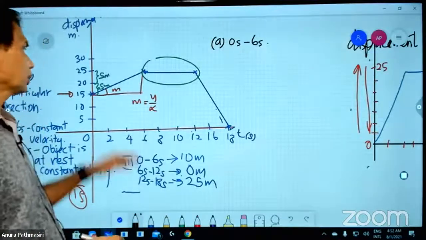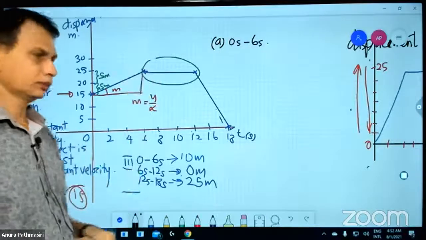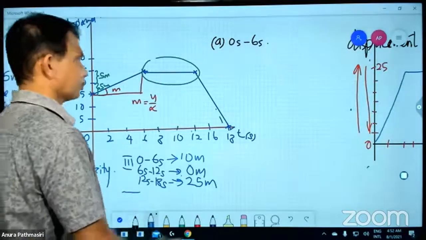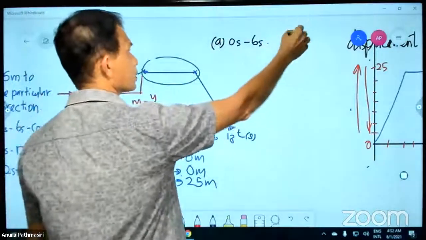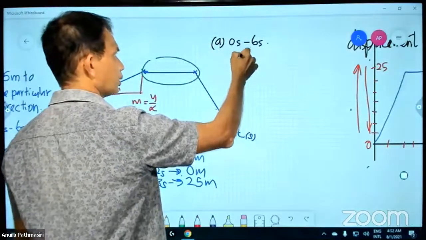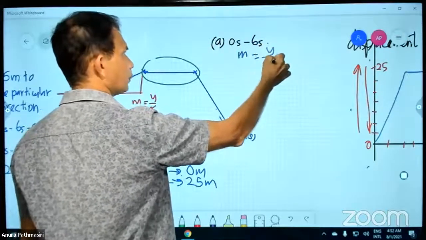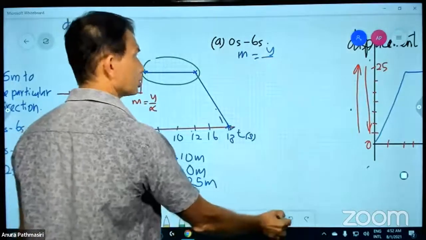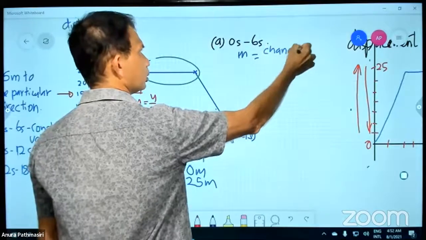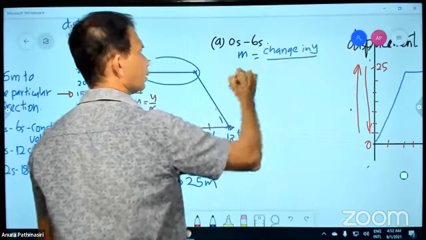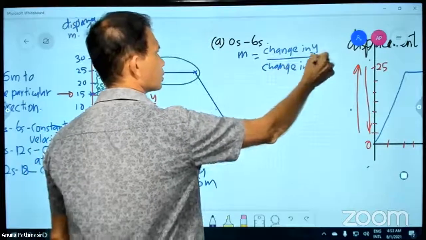So the magnitude is actually given by the gradient of the graph, right? Because we draw this straight line y equals mx plus c, then we can see that m equals change in y divided by change in x.